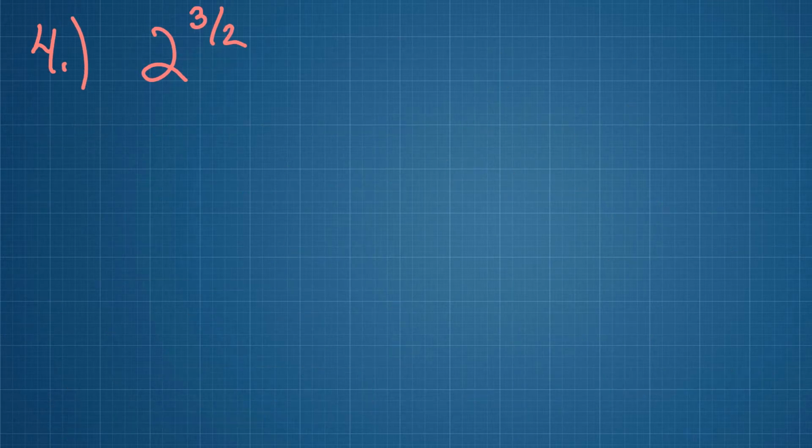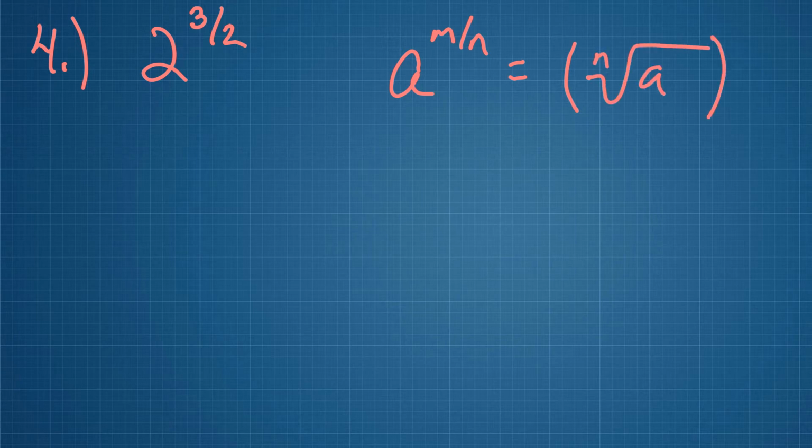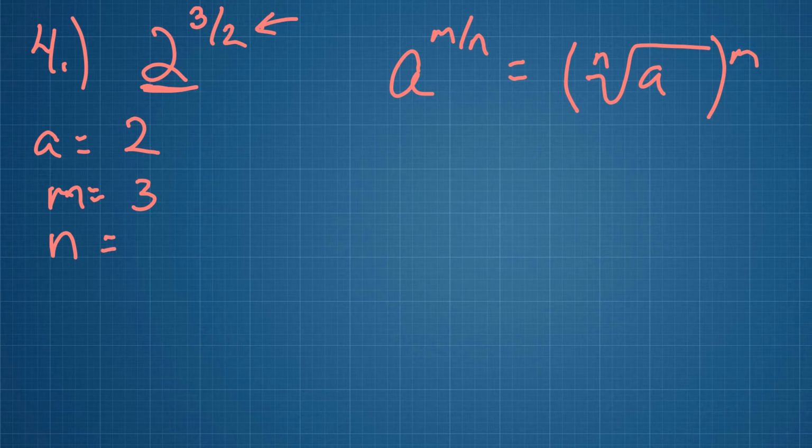Alright, number 4, they say 2 to the 3 halves. We're going to use this formula right here, A to the m over n. And I'm going to rewrite it as a radical. So I have a fraction exponent. That's a fraction exponent. I'm going to rewrite it with a radical. So I say A is 2, M is 3, N is 2. And I just plug it in right here.